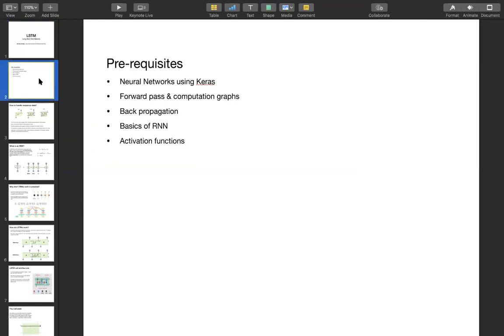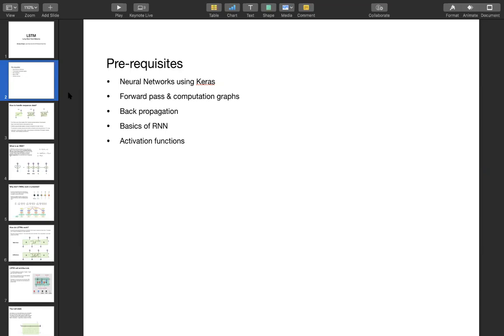There are a few prerequisites to the topic of LSTMs. One is that you should be aware of how neural networks using Keras work. How do you design neural networks using the Keras API? The second is, how does the forward pass and the computation graph work?